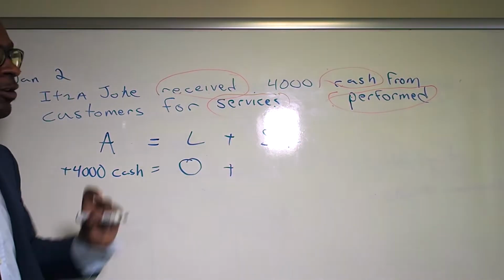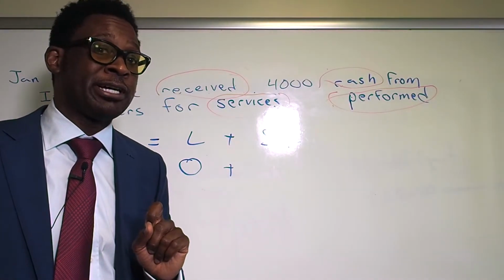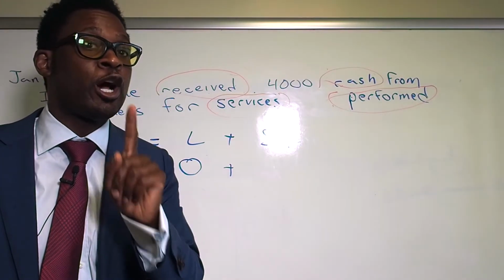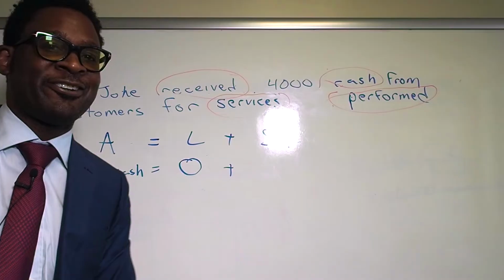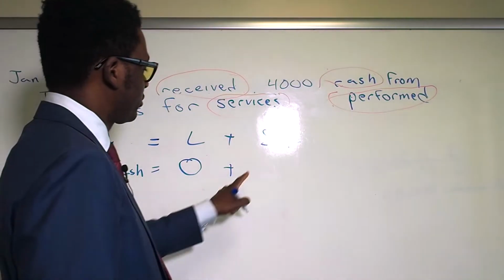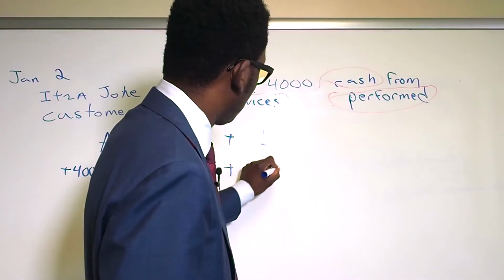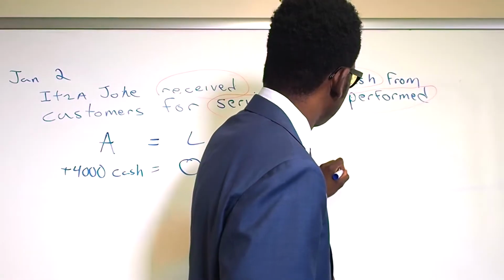And stockholders' equity, as we already know, stockholders' equity is broken down into two parts: paid in capital and retained earnings. We already identified that revenues affects retained earnings positively. So our stockholders' equity went up $4,000, and it was through the revenue account.